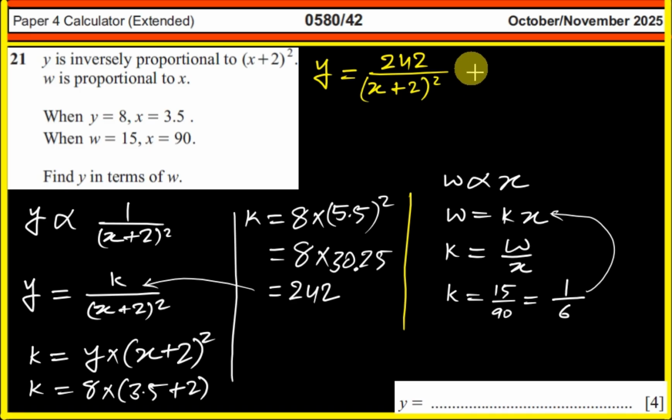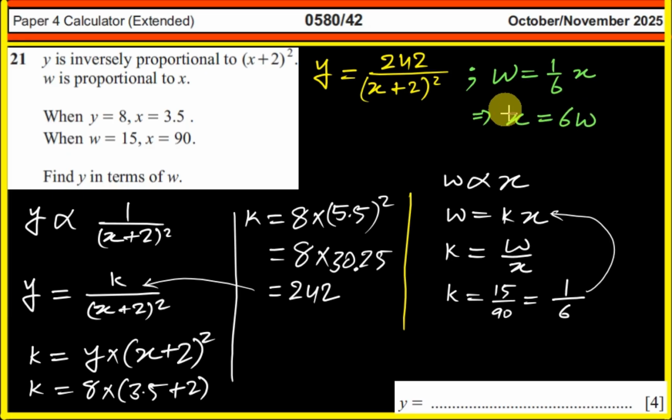We'll get w is equal to 1 by 6 into x. Because we want to find x in terms of w, if we multiply both sides by 6, we get x is equal to 6w.